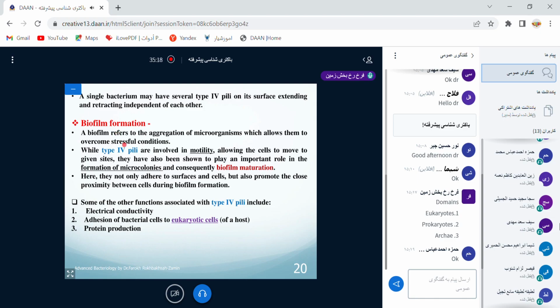A biofilm refers to the aggregation of microorganisms which allows them to overcome stressful conditions. While type 4 pili are involved in motility, allowing the cells to move to given sites, they have also been shown to play an important role in the formation of microcolonies and consequently biofilm formation.